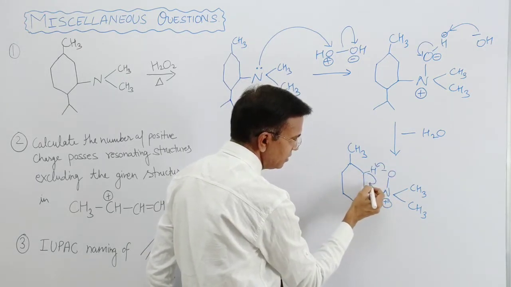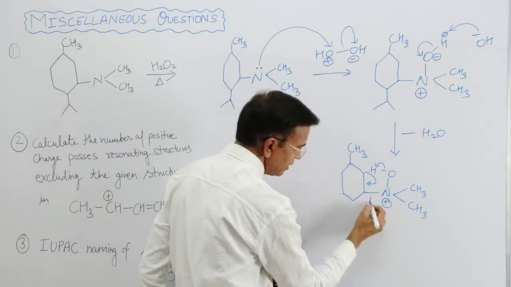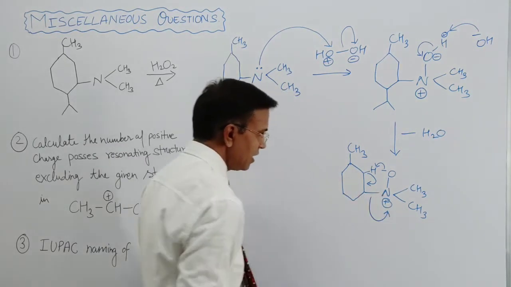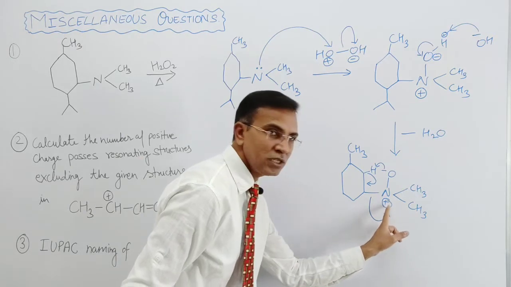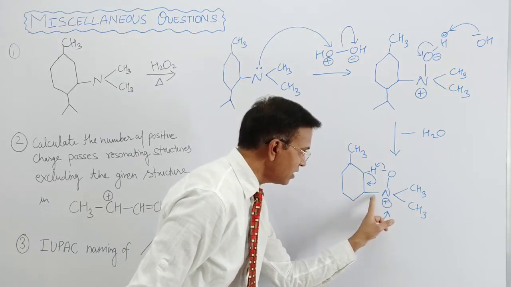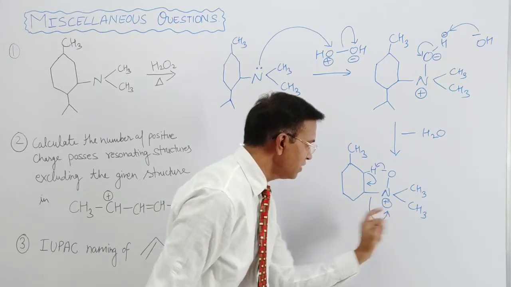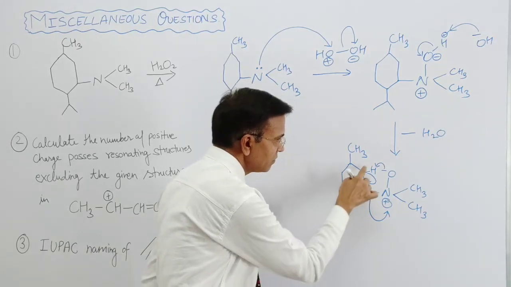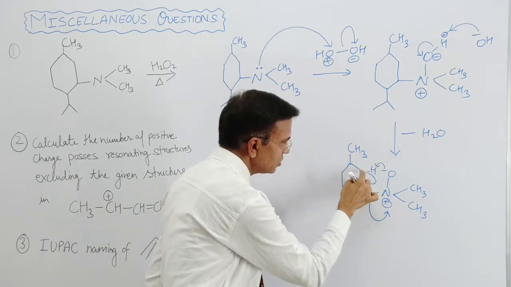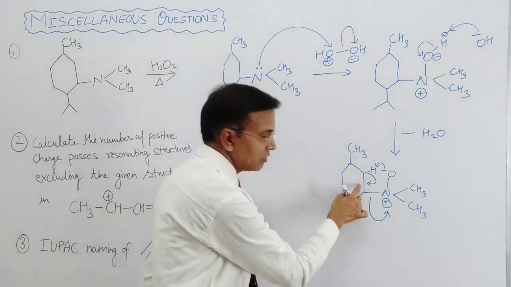These electrons are shared, and nitrogen possesses the positive charge. It attracts the shared pair of electrons toward itself. These electrons are shifting towards here.